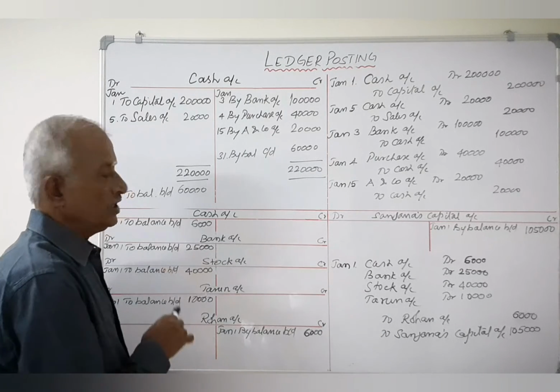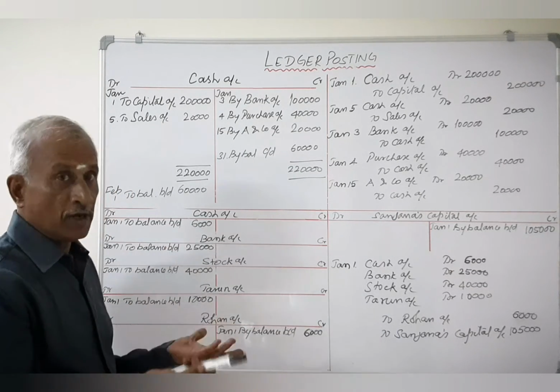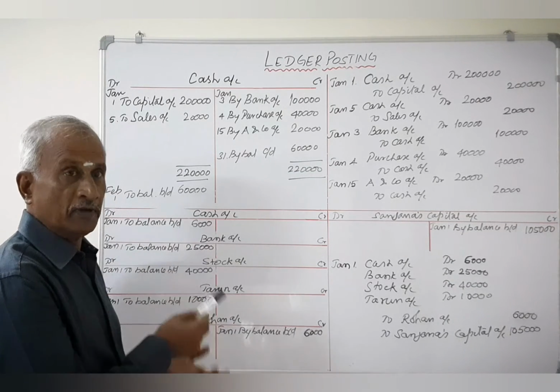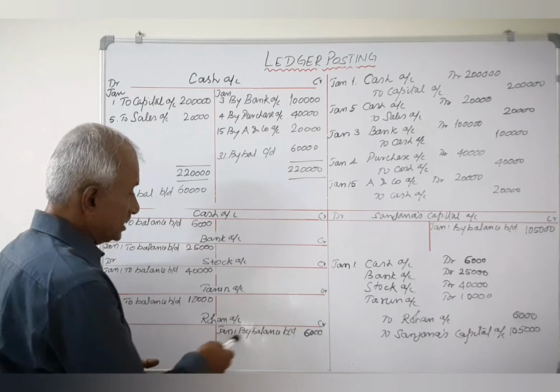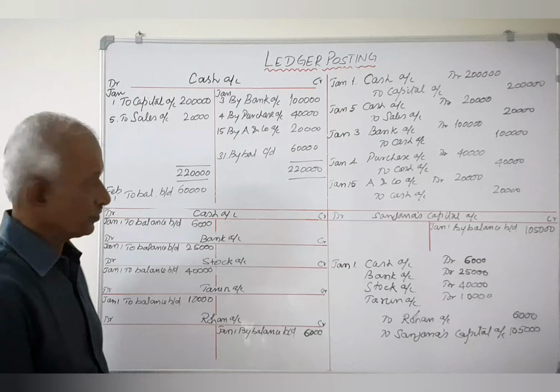So how to give the opening journal entry from the ledgers? The same method to be followed. If balance brought down appears on the debit side, take the name of the account as debit, and if the balance brought down appears on the credit side, take the name of the account as credit.